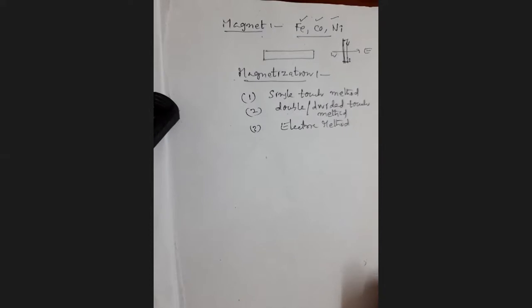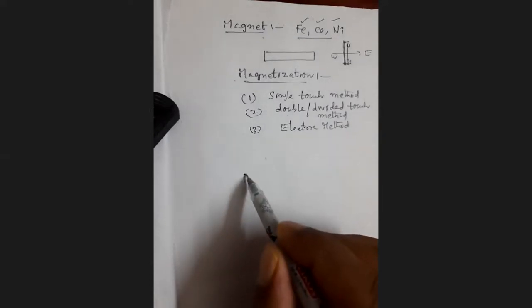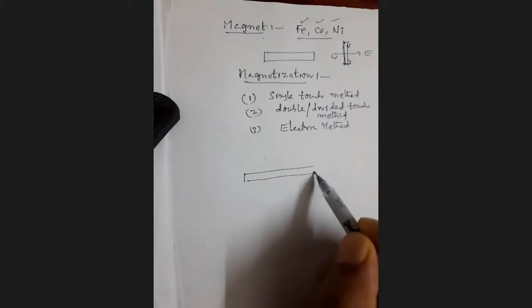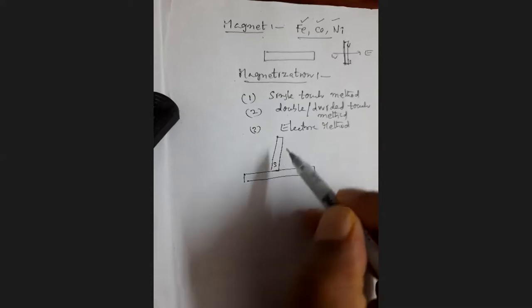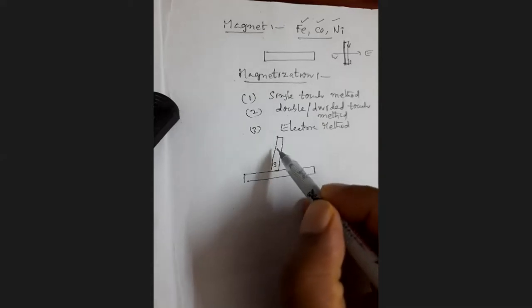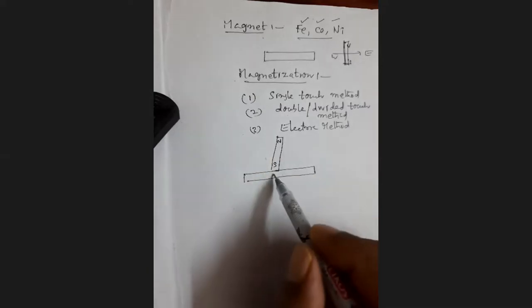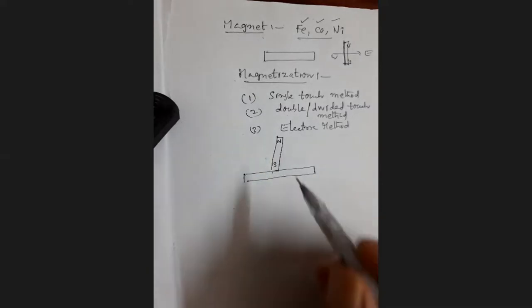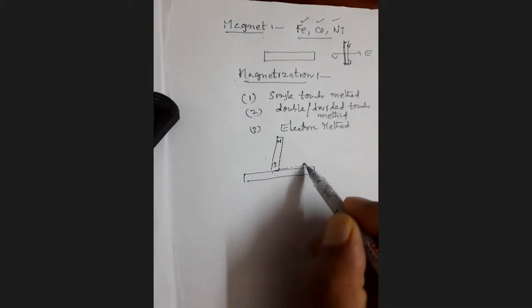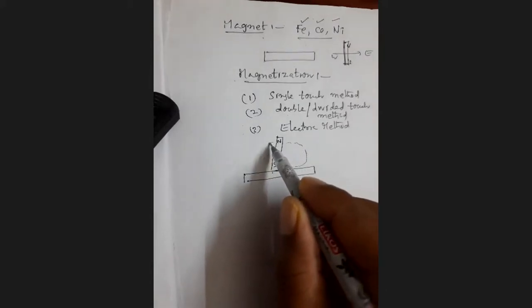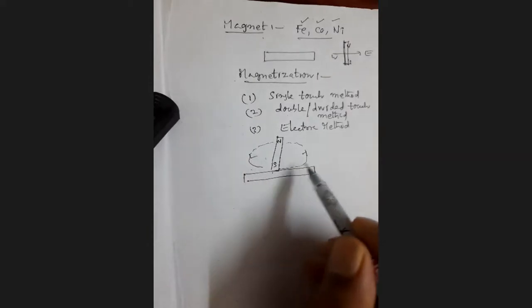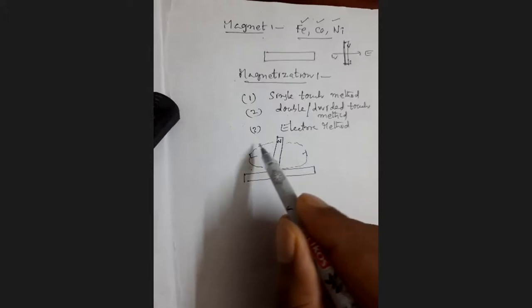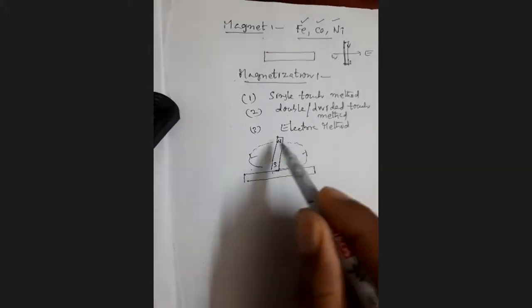What is the single touch method? In this, we take an iron bar and a bar magnet, which is kept vertically on this iron bar. Here the south pole is touching the iron bar. It is moved from one end to the other end of the bar, as shown by the arrow mark, by sliding the bar magnet repeatedly many times.